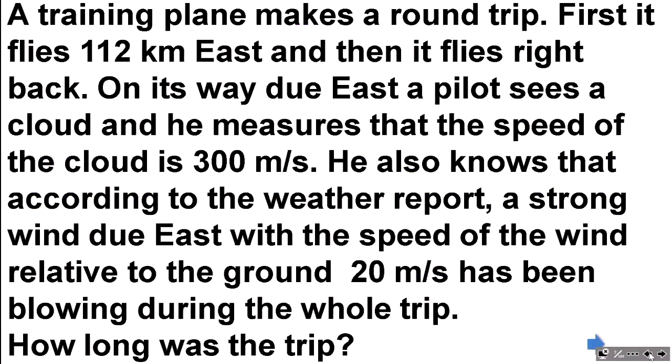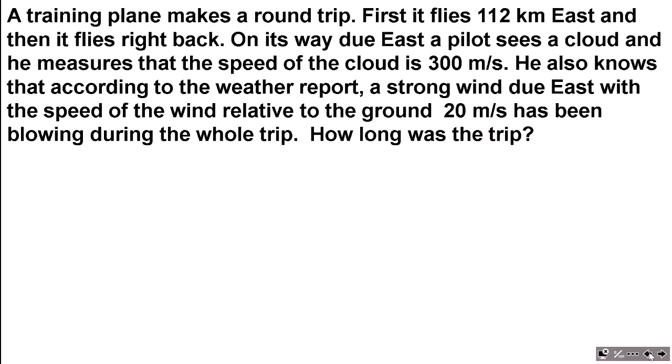Well, so this is the problem we started. I'm going to draw my picture. You're going to draw your picture. This situation includes 2 parts. Round trip means traveling east first and then back. So on its way east, what's happening? Distance traveled is equal to 112 kilometers.